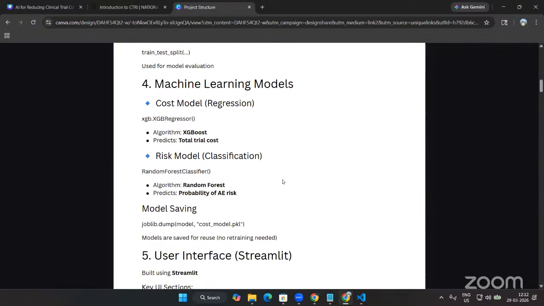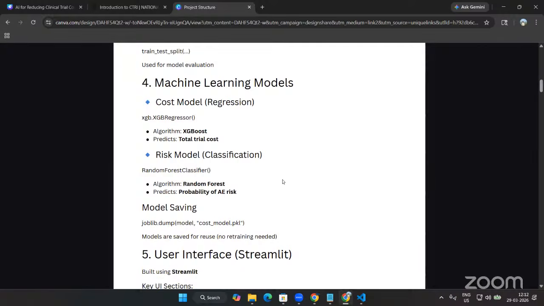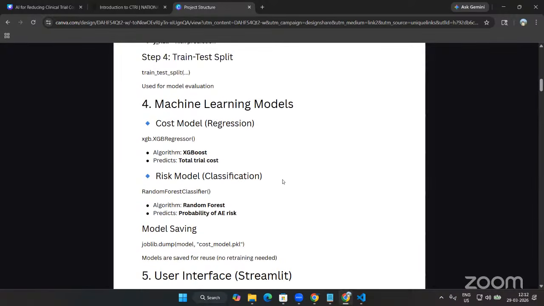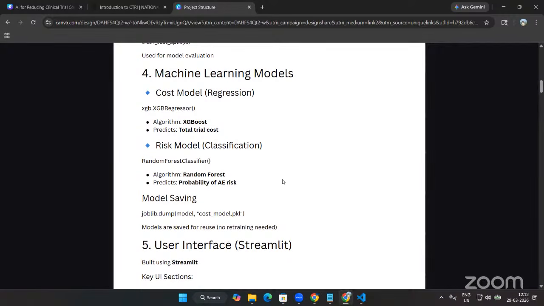Now, the next part is machine learning models. In machine learning models, we have two things. One is the cost model, which is the regression model, and the second one is the risk model, which is the classifier model.